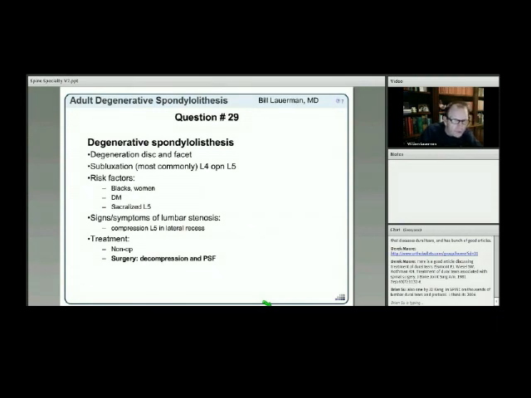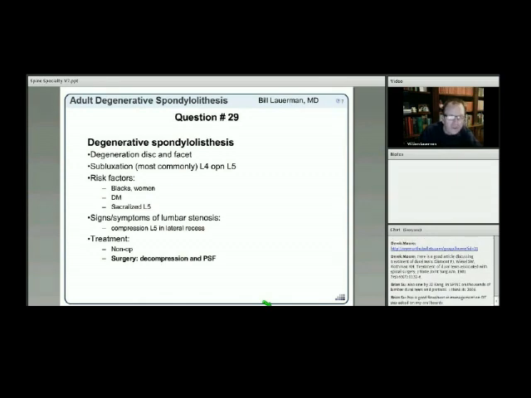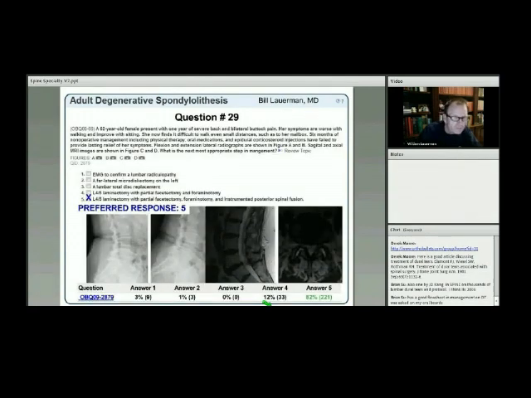Non-operative treatment includes the standard for spinal stenosis, and surgery. Again, if you're going to operate on somebody with degenerative spondylo, you decompress them and you fuse them. So the correct answer here is number 5, L4, L5 laminectomy with partial facetectomy and foraminotomy, instrumented posterior fusion.